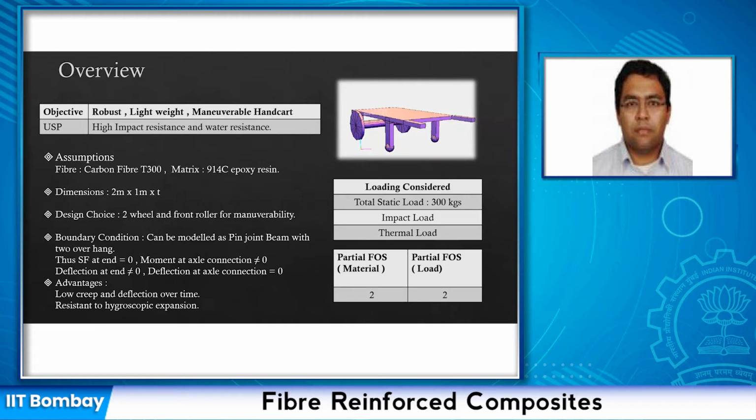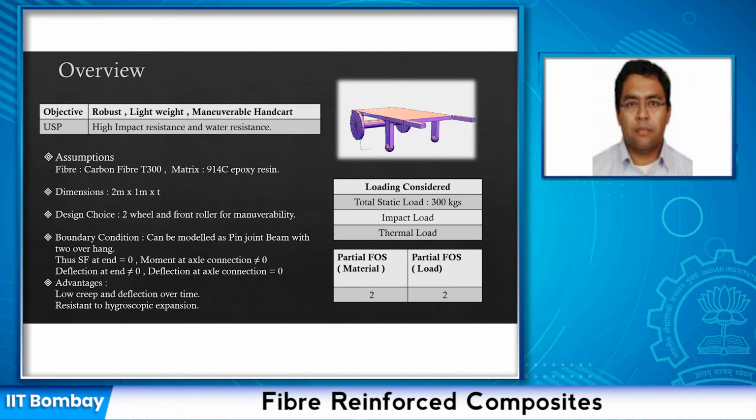And due to thermal reasons, I've chosen to assume the thermal load also. For factor of safety, to counter any material defect, I have taken a factor of safety of 2 on materials, and also for the accidental overloading case, I have assumed the partial loading factor on loads equal to 2.